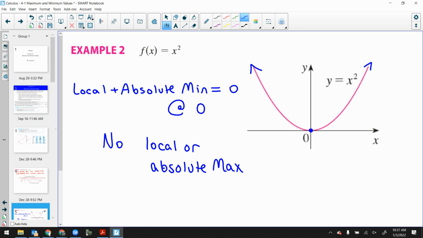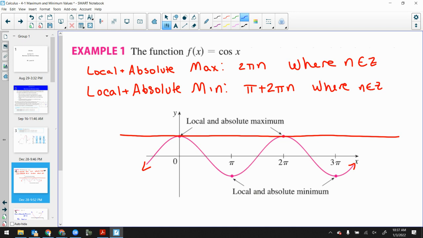Let me go back and clarify something about my cosine problem. Because you know what I defined here? I defined where they are happening. I said this is happening at 2 pi n, and I said this is happening at pi plus 2 pi n. But what is the absolute maximum value of that function?